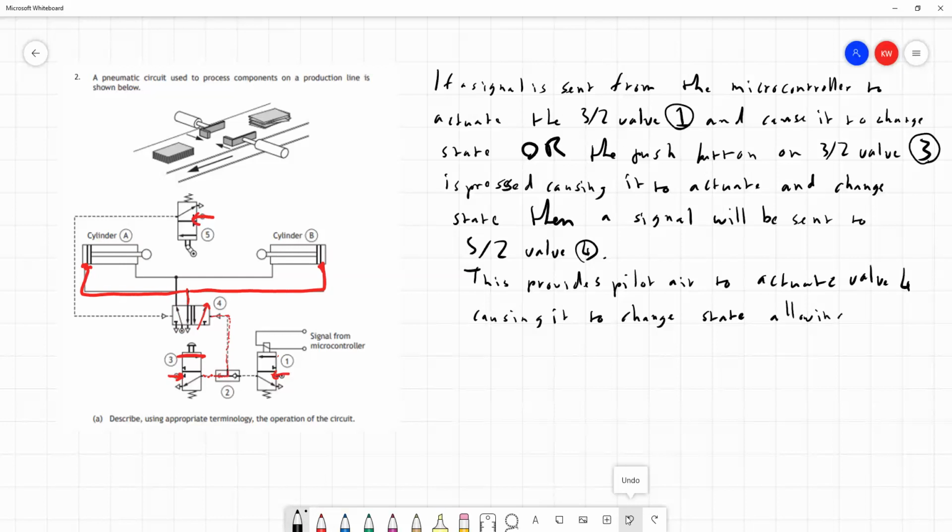allowing air to be supplied to the opposite.